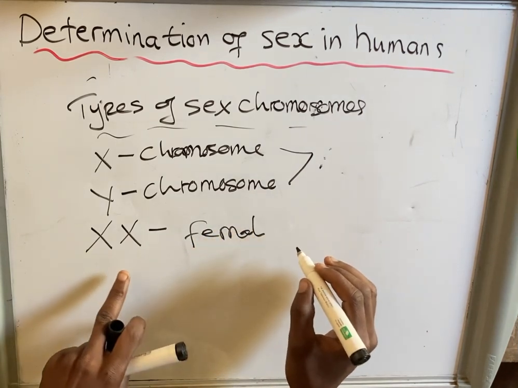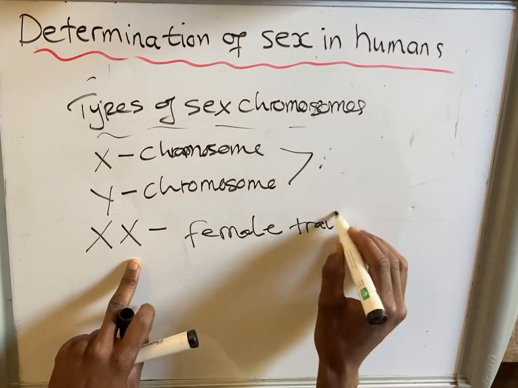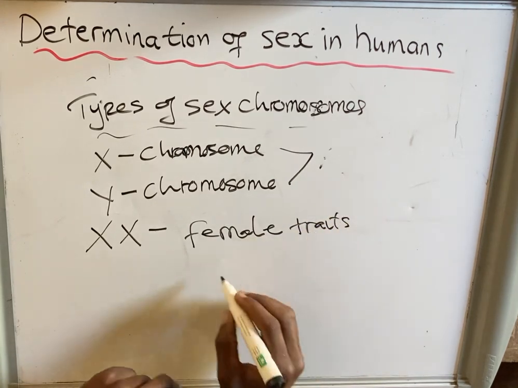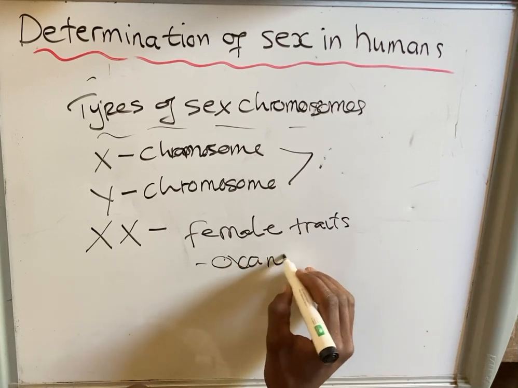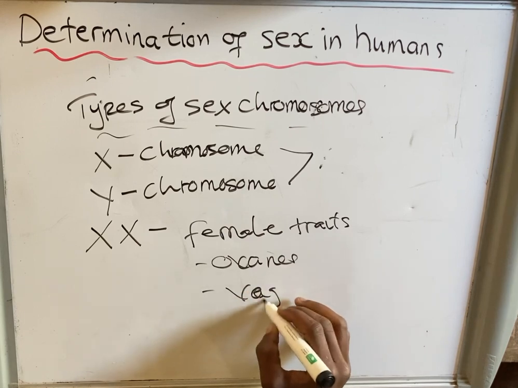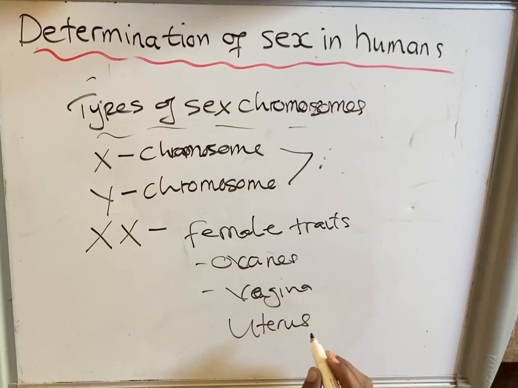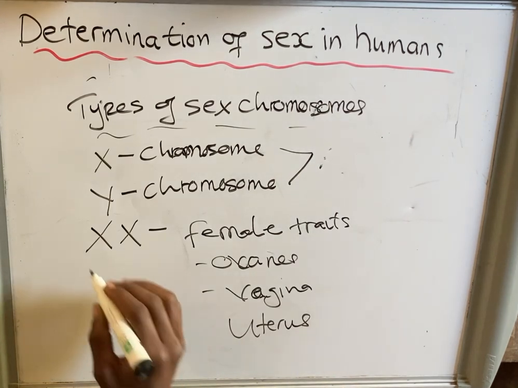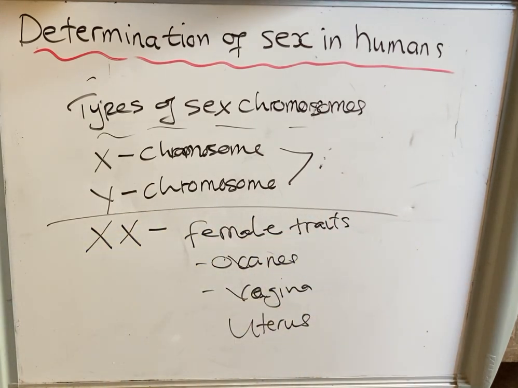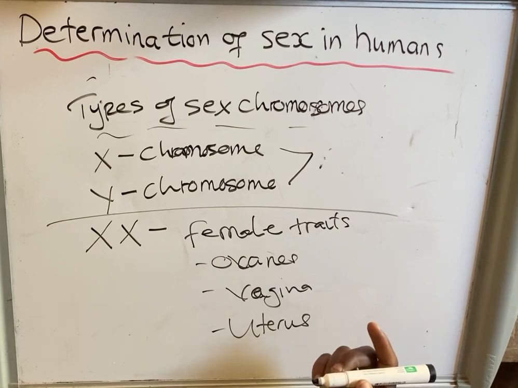So when an individual carries the XX chromosome, they will develop the female traits, which include the ovaries, the vagina, and the uterus.